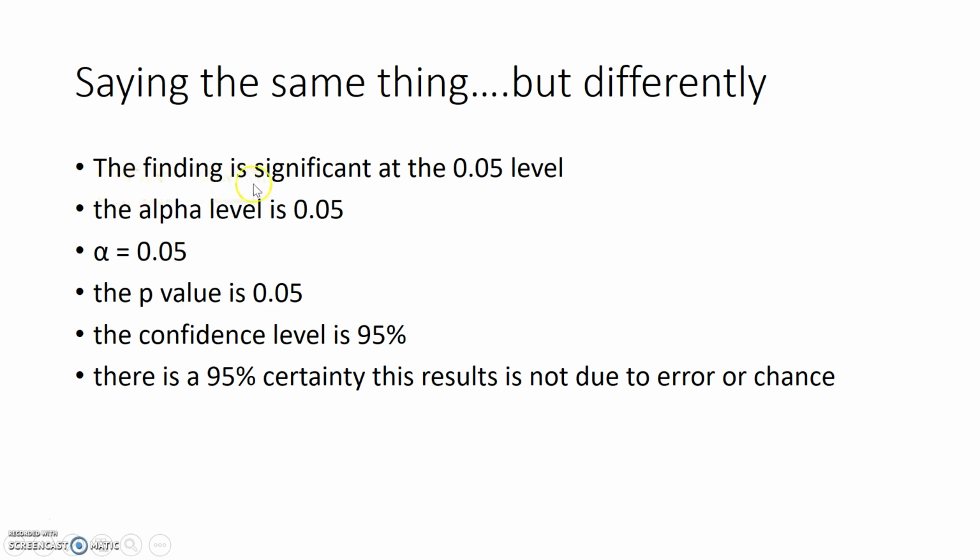When people say that the finding is significant at the 0.05 level, or that the alpha level is 0.05, or simply alpha equals 0.05, or that the p-value is 0.05, or the confidence level is 95%, or that there is a 95% certainty that this result is not due to chance or error. These are pretty much pointing in the same direction. They are just phrased differently.